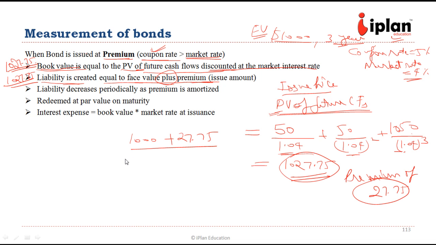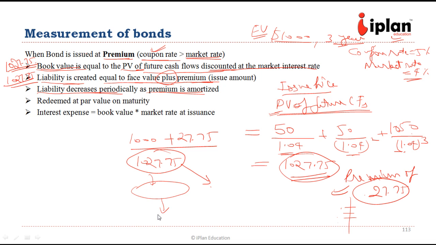Then this liability of 1027.75 keeps decreasing periodically as the premium is amortized. Since we know that 27.75 is the premium that has to be amortized over the period of 3 years, every year the book value or liability keeps coming down, and in the final year it is going to reach 1000, which is par value.